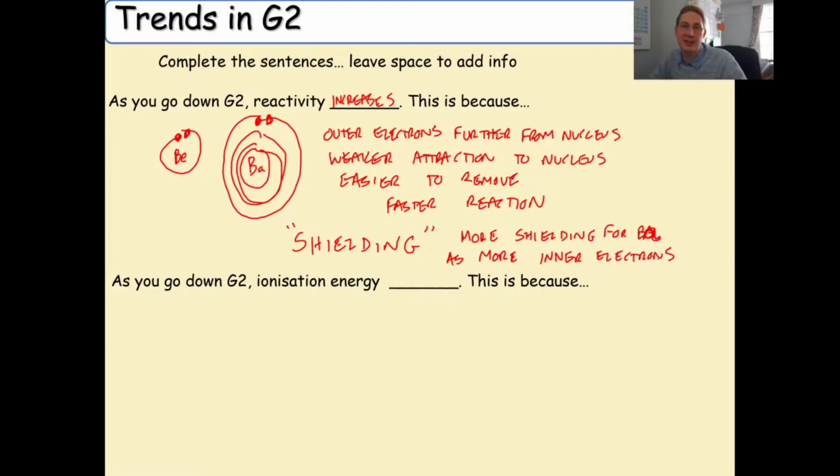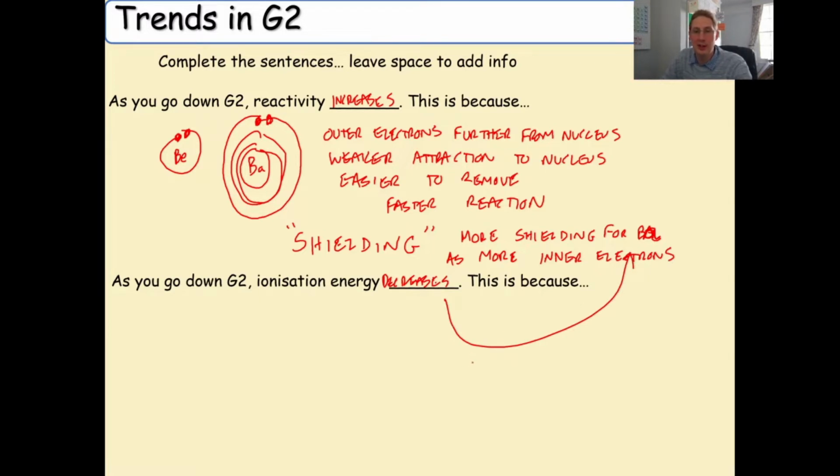But do make sure you understand what you're talking about if you're going to talk about shielding, because it's very easy to say the wrong thing if you're not really understanding the shielding. As you go down Group 2, the ionisation energy decreases, and that's for the reasons above.